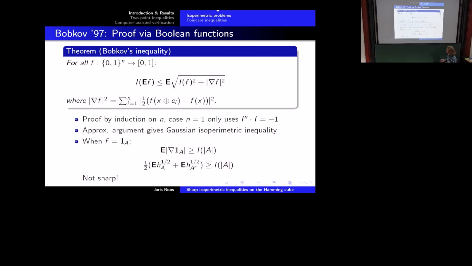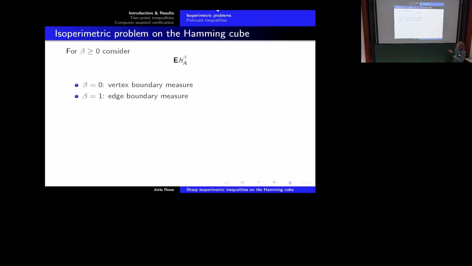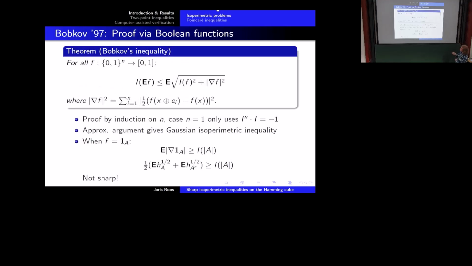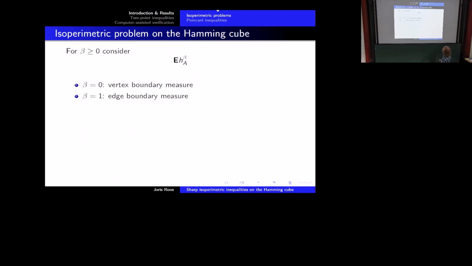Okay, so you have a power of 1/2 coming out here. Where did we get 1/2? So the gradient of the indicator function is defined as the sum of squares over the coordinates. Good. And this inequality is not sharp, and I'm looking for sharpening this inequality.